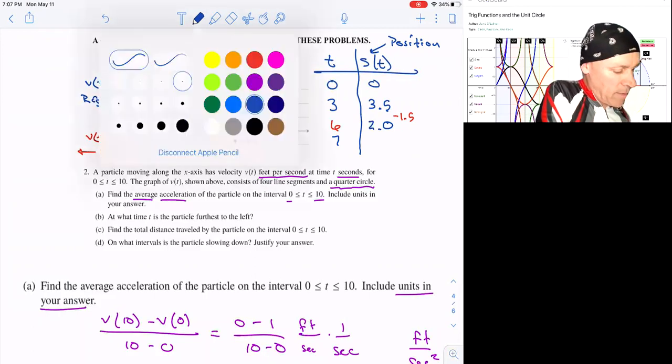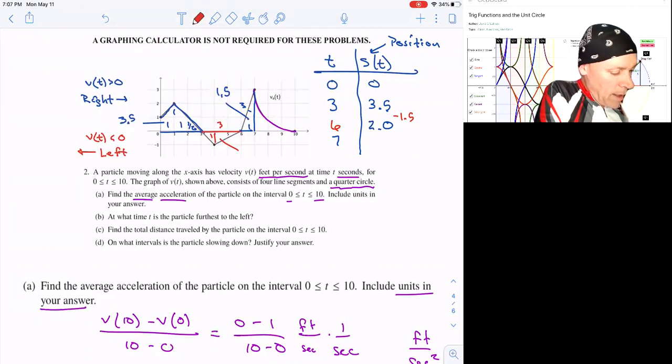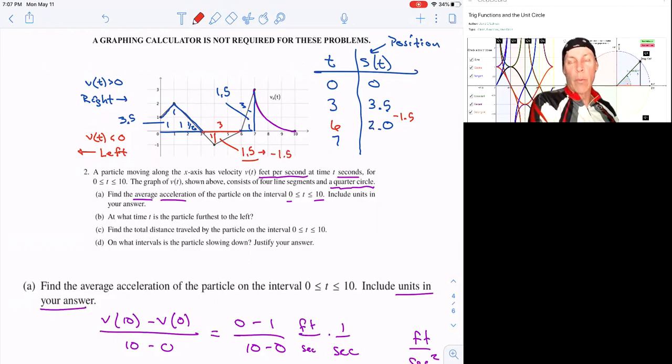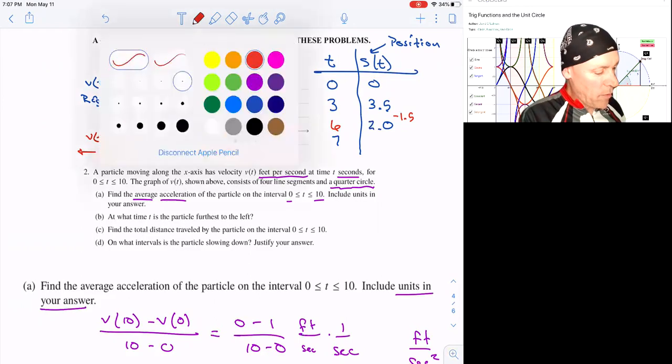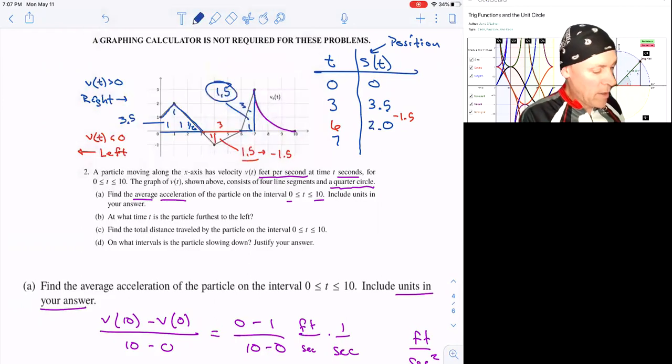I didn't write that. The area was 1.5, and then we reckoned it as negative 1.5 because it was where velocity was negative, it was moving 1.5 units back to the left. This one is going to move 1.5 units to the right. So what's the position of the particle? Back to 3.5.